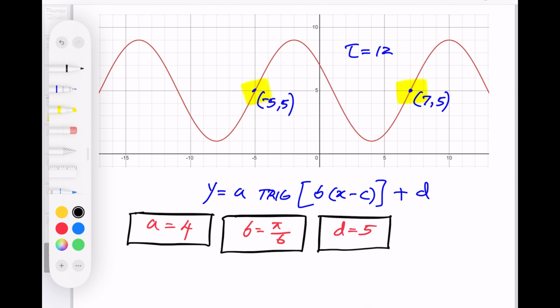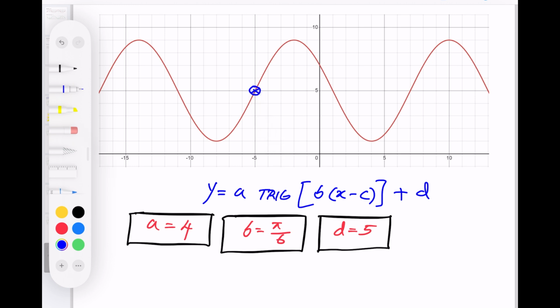Now I can select a starting point and identify the trig function that should be used and the value of c. So what's the starting point that you would like to select? If I wanted to write down a sine function, I need to select a point on the center line. If I would like to write down a positive sine equation, I can select this point.